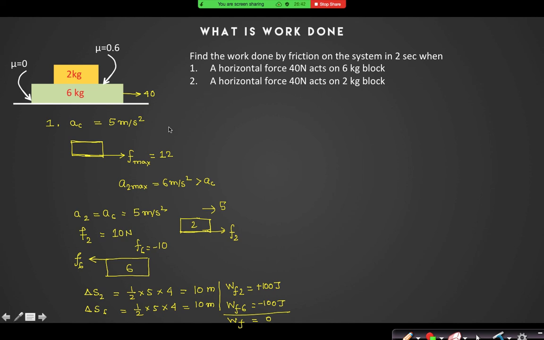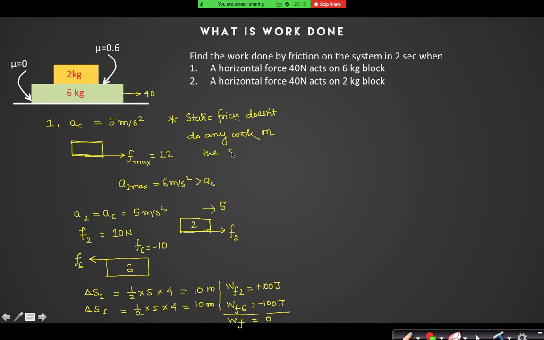Sir, we can consider the whole system as a single object. Yes. Then the system, friction does no work. Right, the displacement here becomes 0. So here you should remember one very important point, that static friction does not do any work on the system, because the system's displacement is 0.